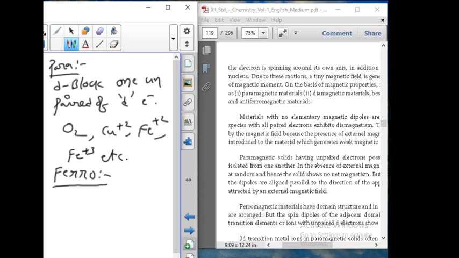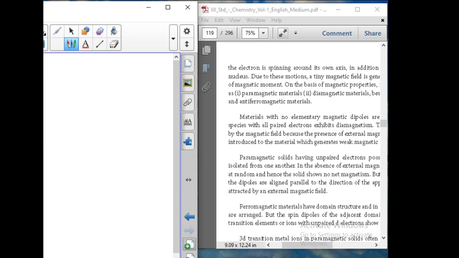You need an element containing unpaired d electrons. While you apply the external magnetic field, these domains align in one direction, but when you remove the external magnetic field, the alignment is lost again. Those materials are called ferromagnetic substances.